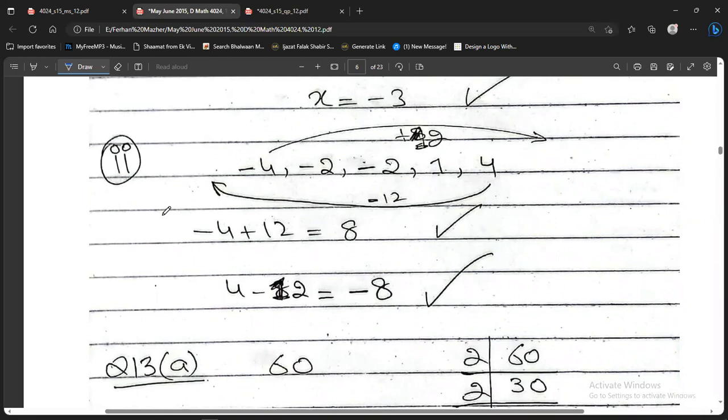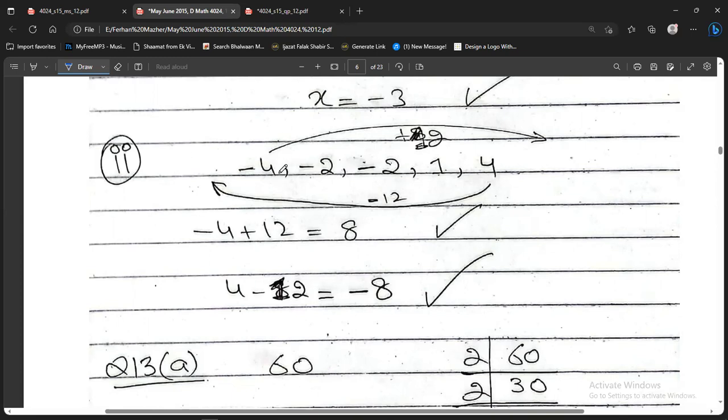If 4 is the largest number, and the difference between the largest and the smallest number is 12, then from 4, subtract 12, you will get -8. So the 6th number is -8.